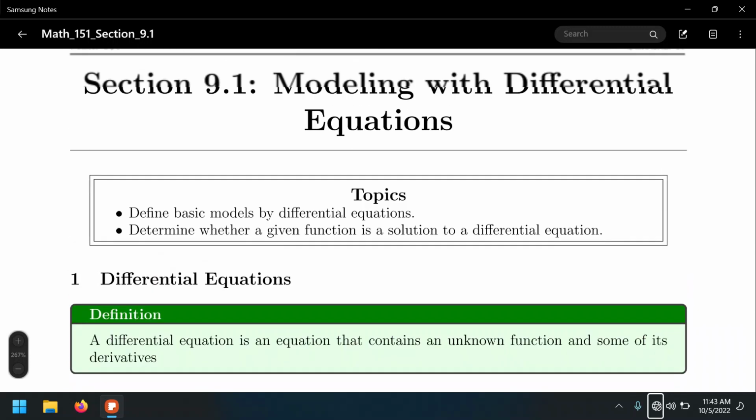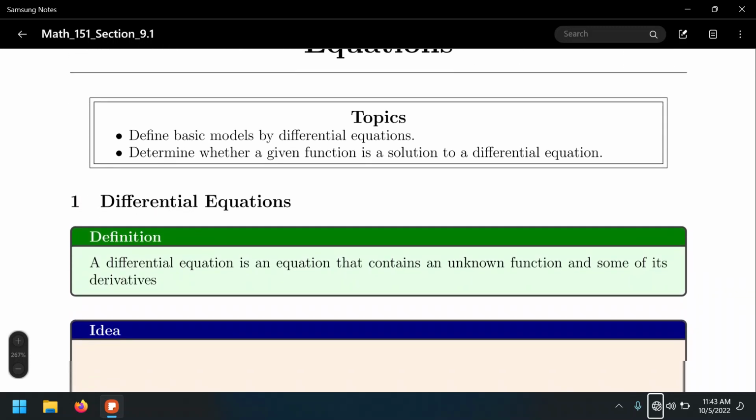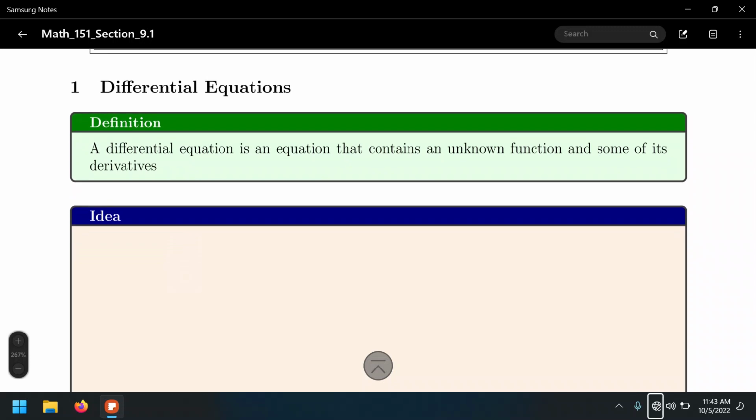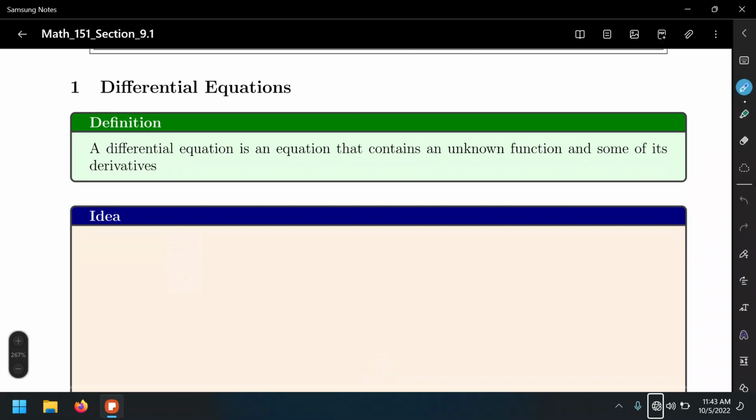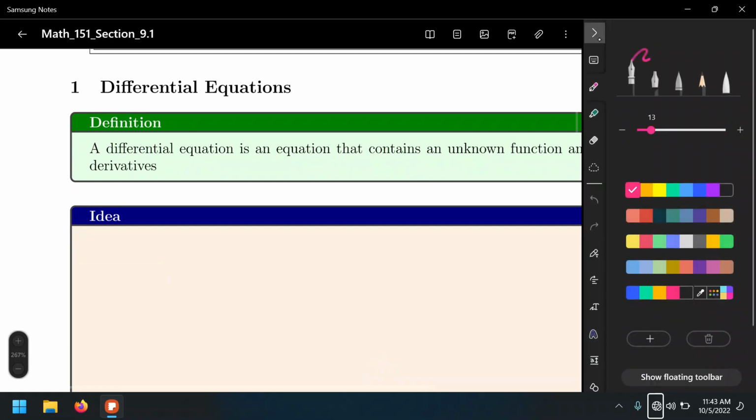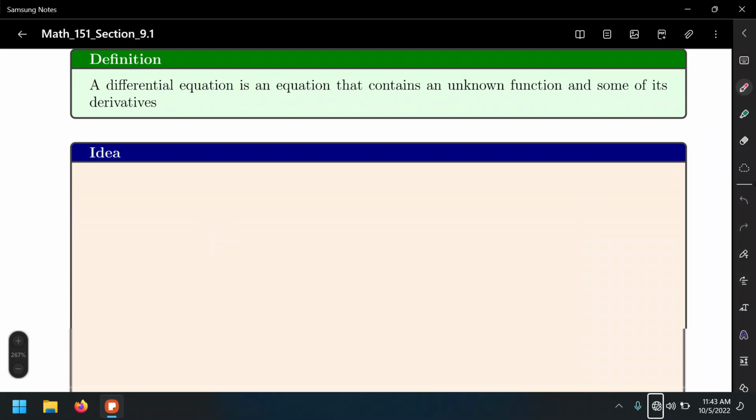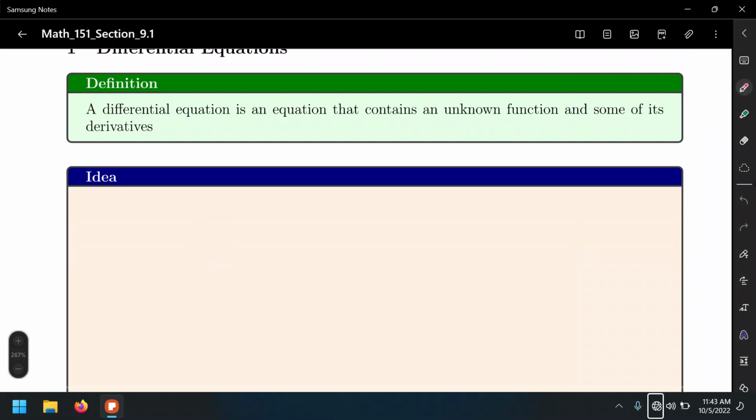All right. Modeling with differential equations. So what are differential equations? How do we deal with them? How do we recognize them? Let me give you the definition: a differential equation is an equation whose unknown is a function, and which also contains some of its derivatives.